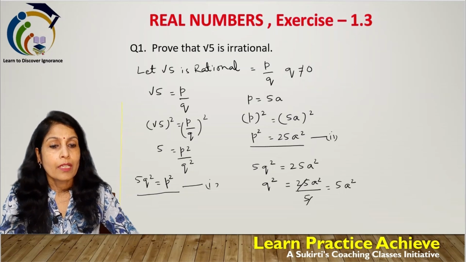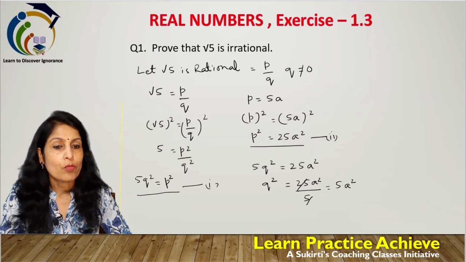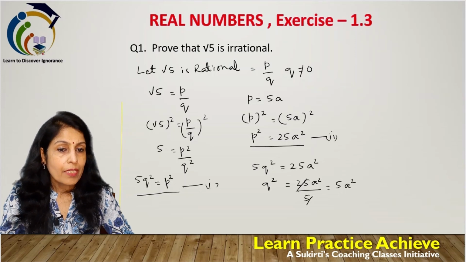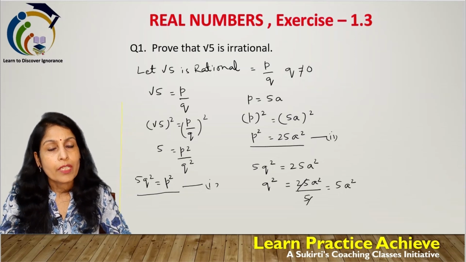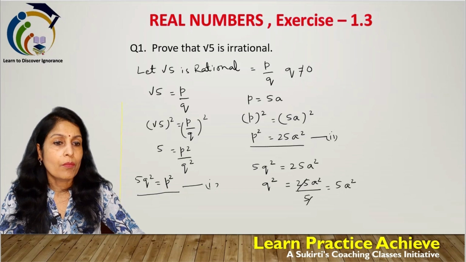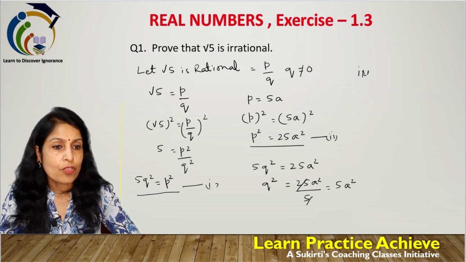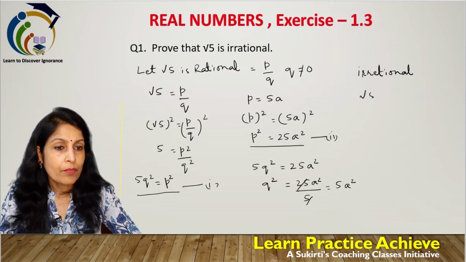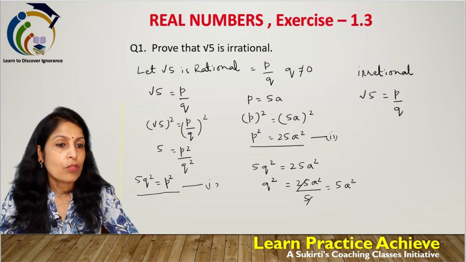It means there is a common factor 5 between P and Q. So our assumption is wrong, it is not a rational number and it is an irrational number. Therefore root 5 is an irrational number.